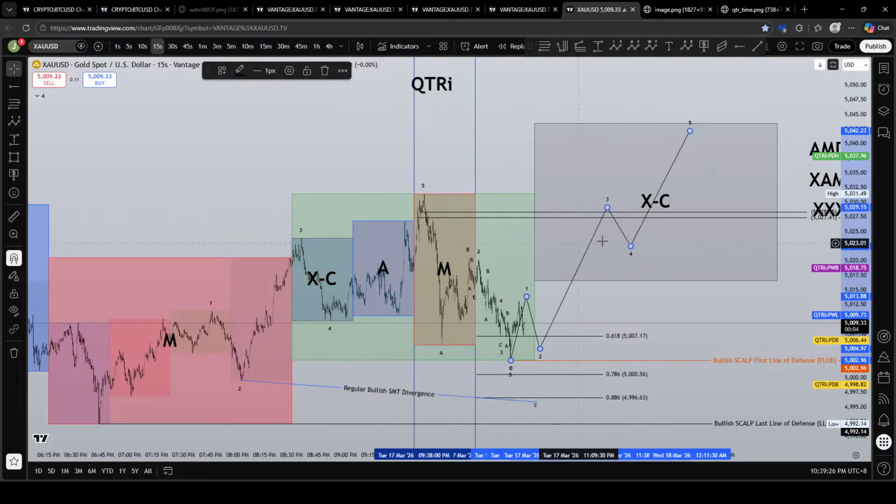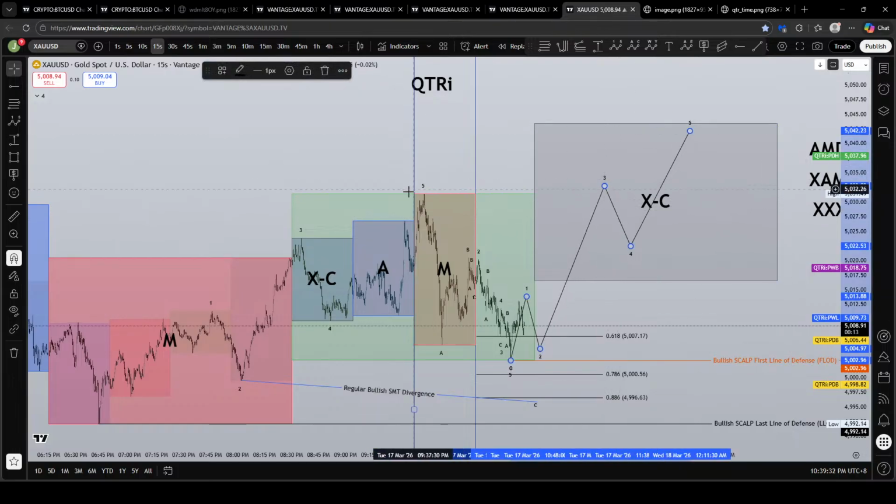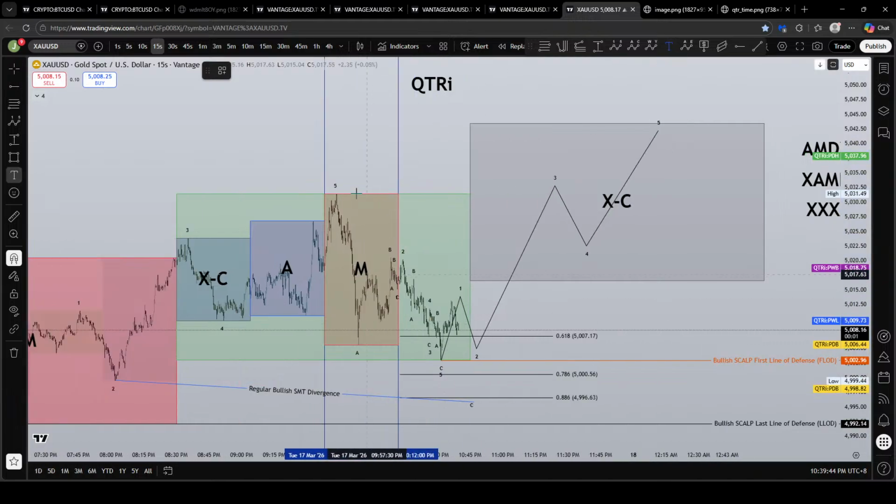As of now, let's just do it conservatively. So the conservative target will be the high of the current quarter. So if you will consider finding an entry here using OTE or wave 2 retracement, then this could be your conservative target for a possible wave 3 target.